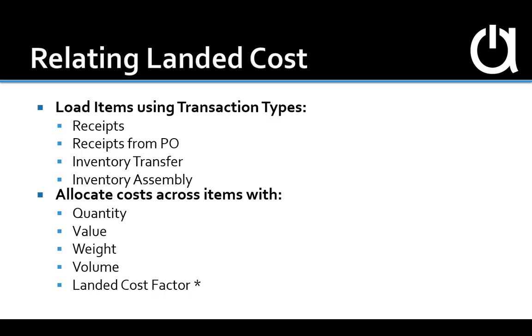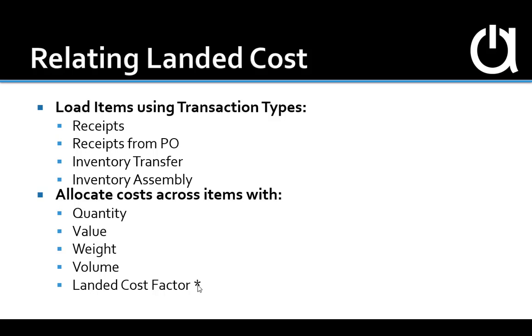I also have the landed cost factor listed as a method of allocation. This method, though, is one that you wouldn't be able to select at the time of creating the landed cost session. The landed cost factor is entered on the product window ahead of time, and it's used in the event that a certain item takes up the majority of the additional cost.